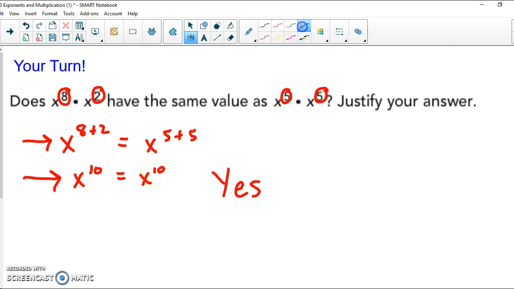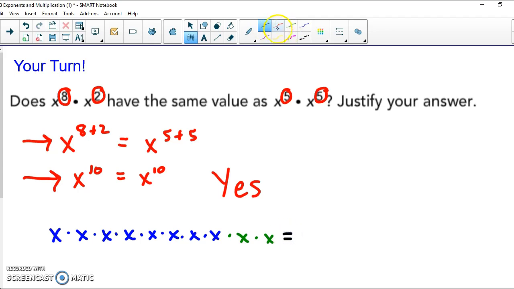If I wanted to also, I could show x to the 8th as x as a factor 8 times, and then I could multiply that by x squared, which is x as a factor 2 times.